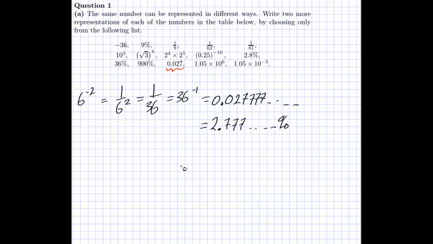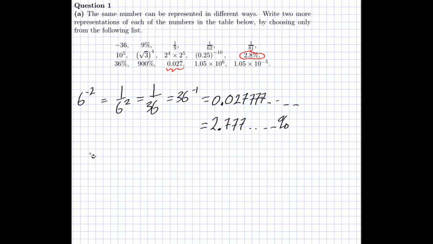Well, that is almost this number up here, this 2.8%. It's not exactly 2.8%, but the question says that some of the representations may be approximations. So to say that 2.7777 is pretty much 2.8 is just rounding. So we can say that it's effectively 2.8% as well.